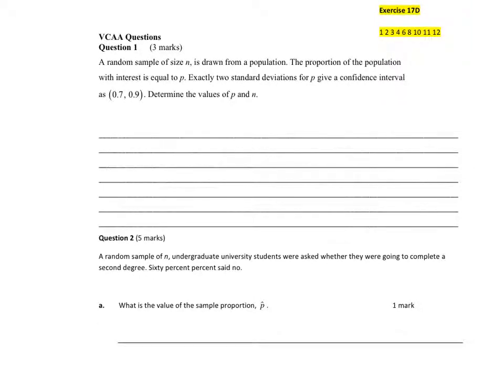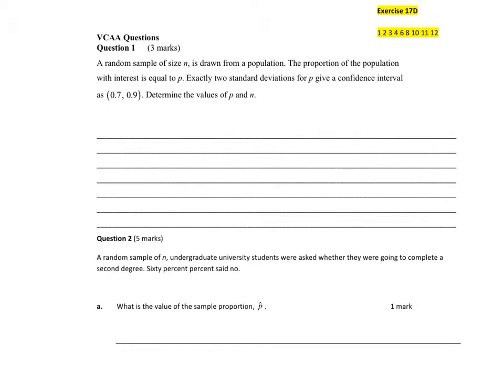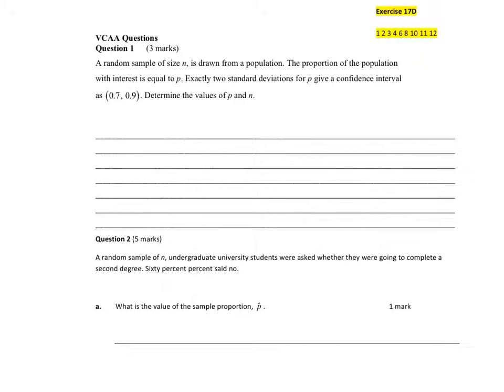Okay, so let's have a look here. We've got our sample proportion, populations. We're told we're within 2 standard deviations exactly. I know we've spoken about our 1.96, but we're told here we're 2 standard deviations.